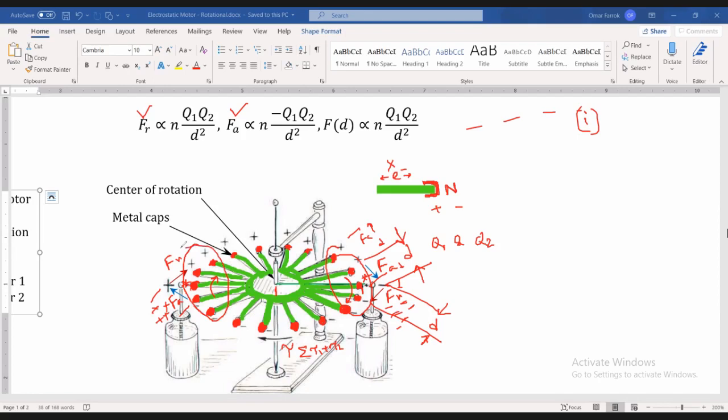There are a lot of attraction and repulsion forces put together, and this is the combination of all the torques that work on the left side and on the right side, or you can write the summation, then we'll get that.